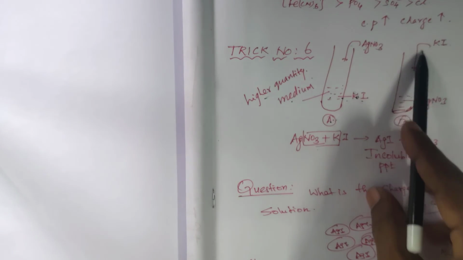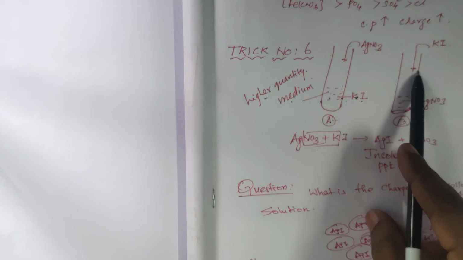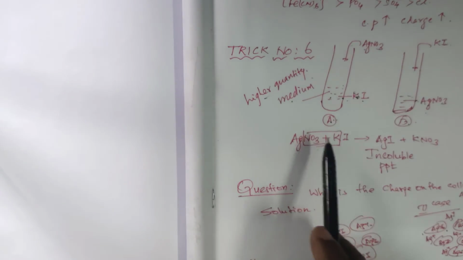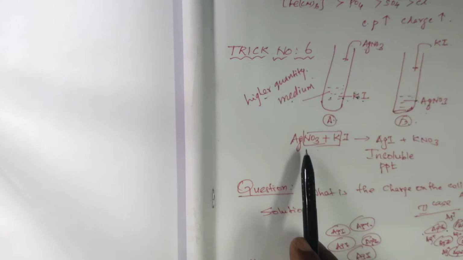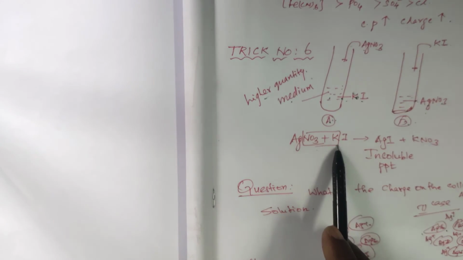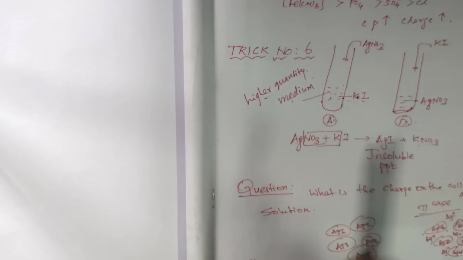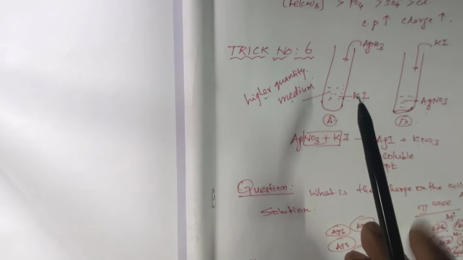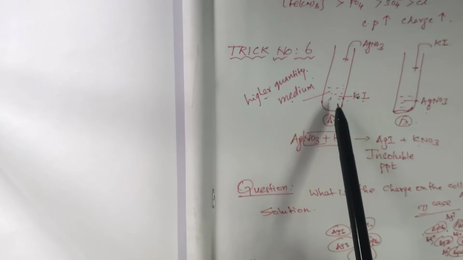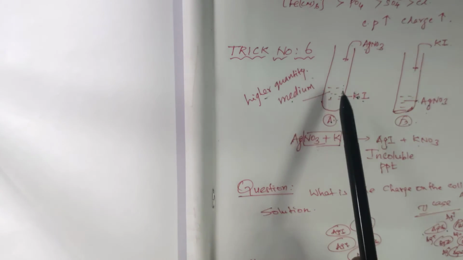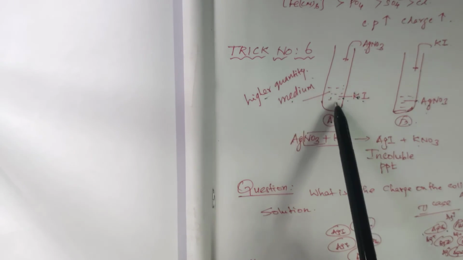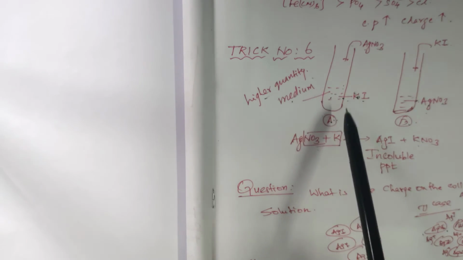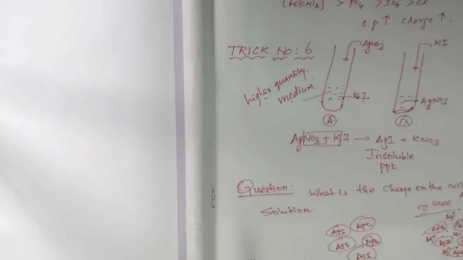We will supply KI as an electrolyte. Therefore, what is the chemical reaction in both? AgNO3 reacts with KI to form AgI and KNO3. What is my question? What is the nature of the colloid? Is it positive or negative in A and B?